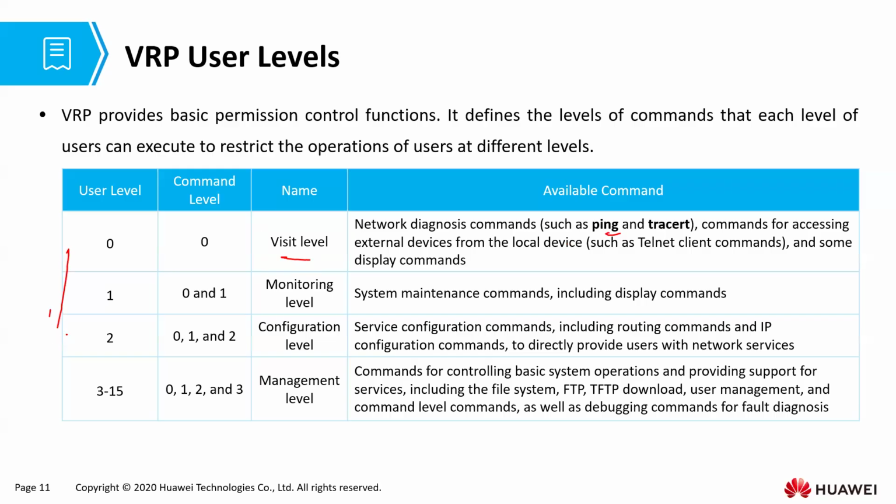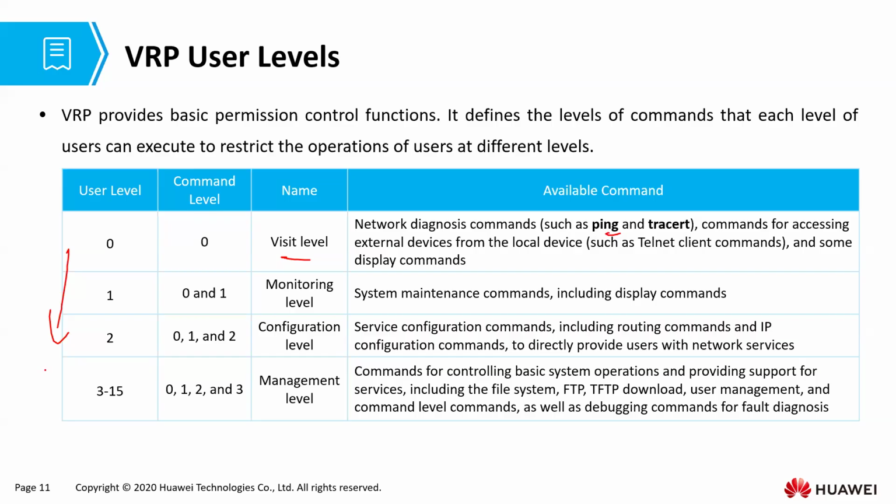As we go up, the privilege level increases, and the amount of access, the amount of privilege that you have, increases. From visiting level, monitoring, configuration, then to the management level, where basically you have complex system configurations. For you to be authorized to do that, it means you need the resources for it.